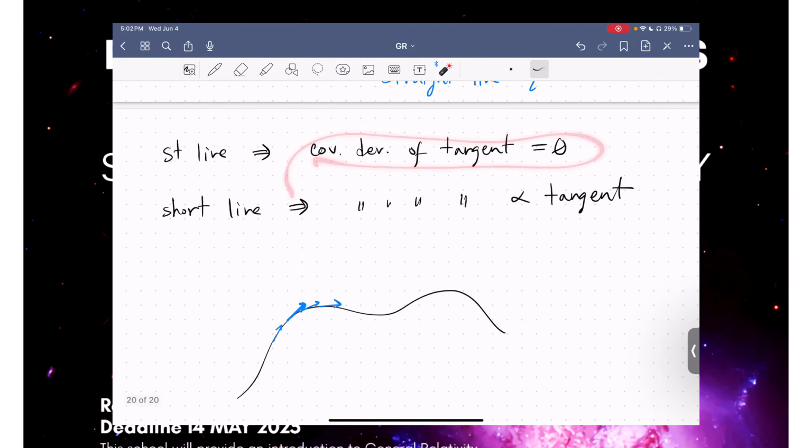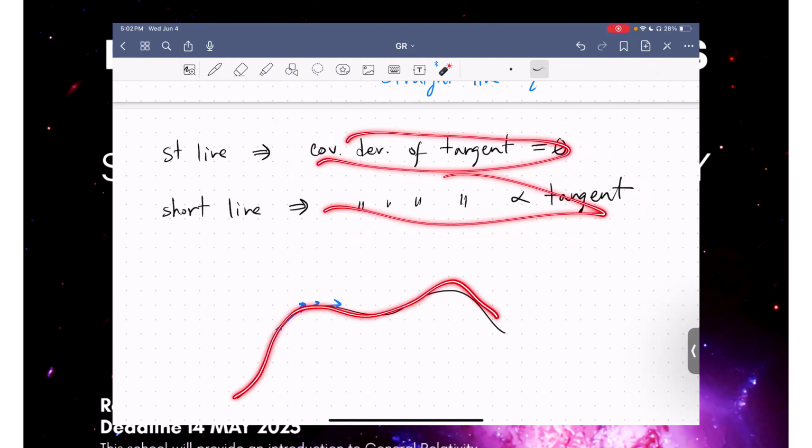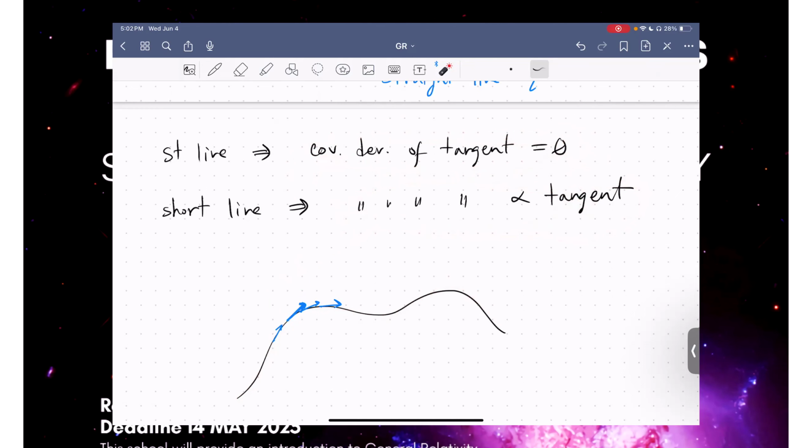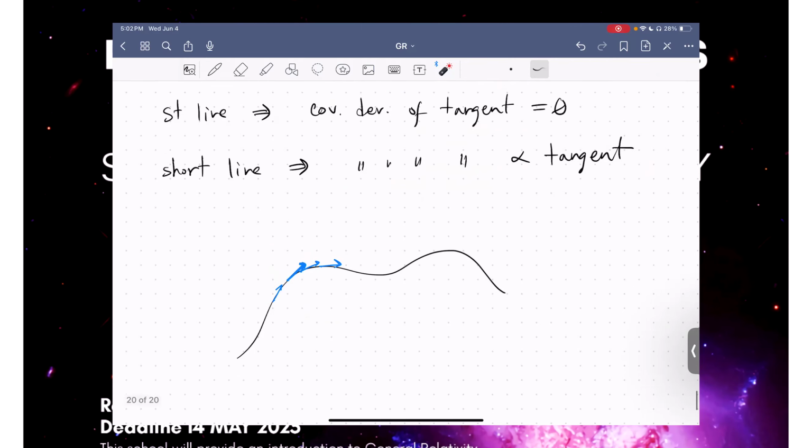This was simpler because it simply said that this covariant derivative does not change, which means that in addition to remaining tangent, they also keep their sizes fixed. This one just allows you to change the sizes of the tangent vector, but does not allow you to deviate from being tangents. So both of them define the same curve once you integrate the whole thing, but the size of the tangents are different in these two descriptions.